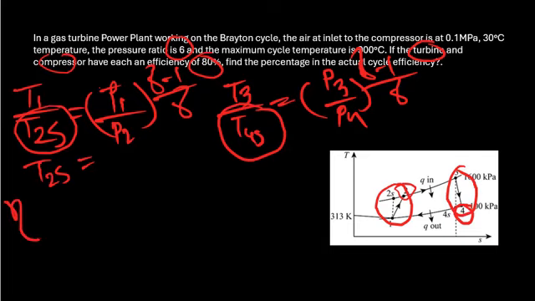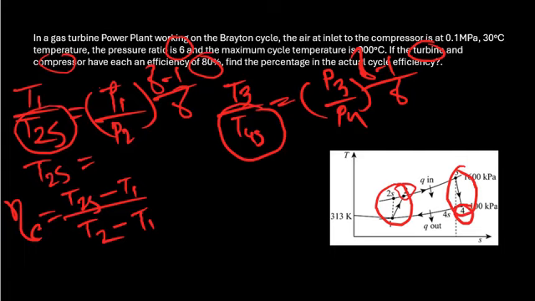Now, this is the compression efficiency. The compression efficiency is the output divided by the input. The output is T2S minus T1, divided by the input, T2 minus T1.